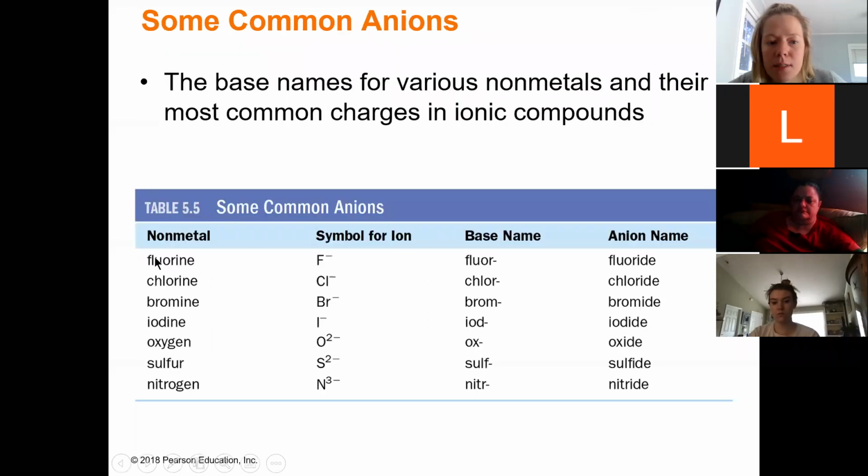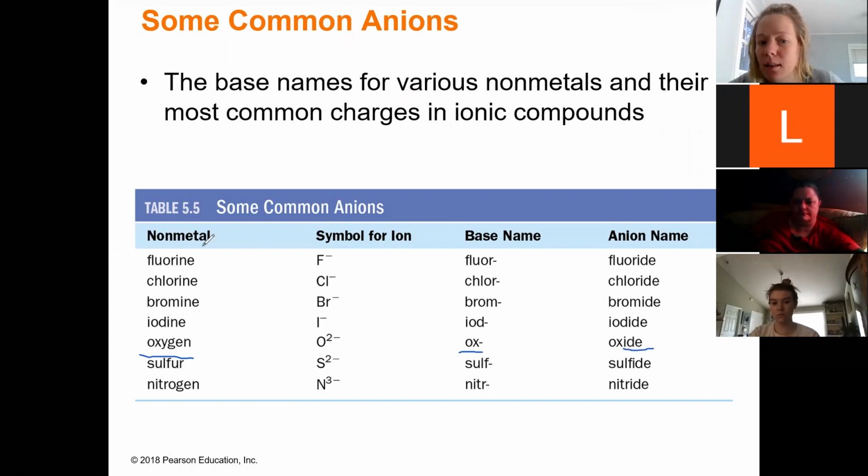So as far as how we truncate these, fluorine goes to fluor, chlorine goes to chlor, bromine goes to brom. Most of them make sense. One that gets cut off a little bit more is oxygen. Oxygen cuts to ox. Okay, so it's not oxygenide, it's oxide.